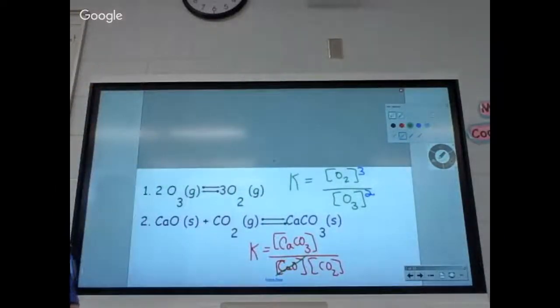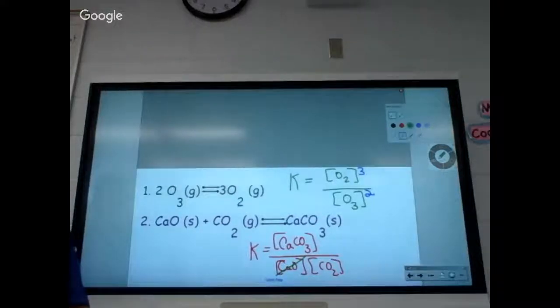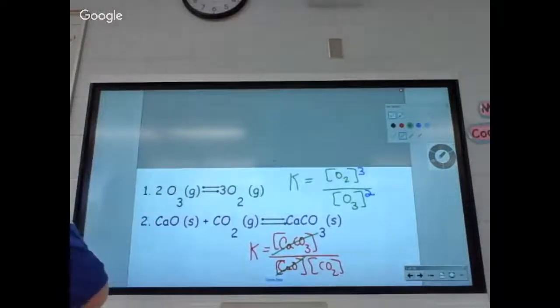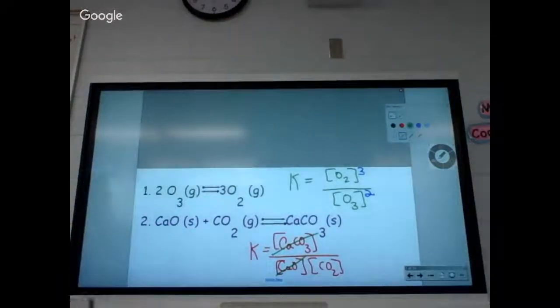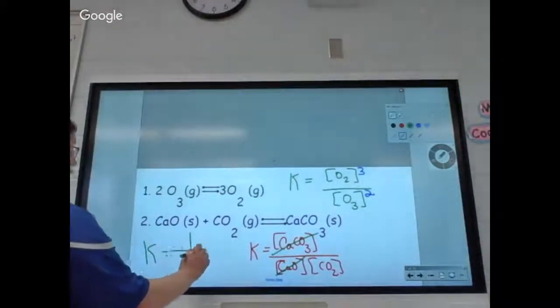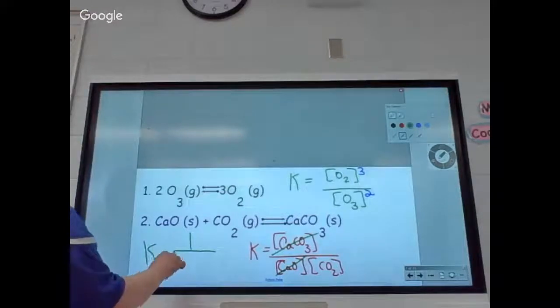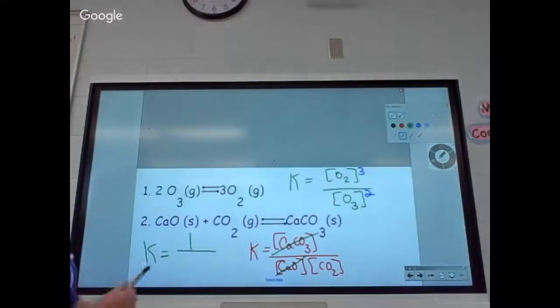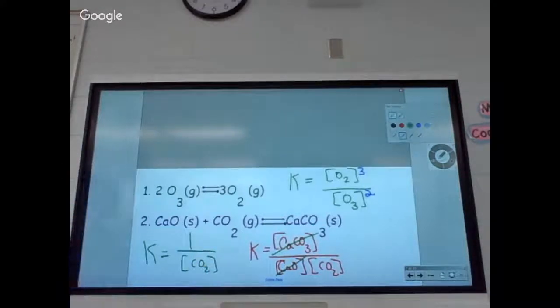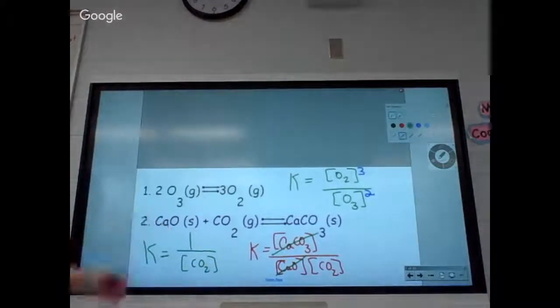That's it, just CaO? Oh, yeah, CaCO3. All right, so what am I going to do if my numerator canceled out? Put a 1. That's right. We're going to put a 1 if everything on top went away. So 1 over CO2, and who got to stay? CO2. Cancel. And that's all that's left in that K expression.